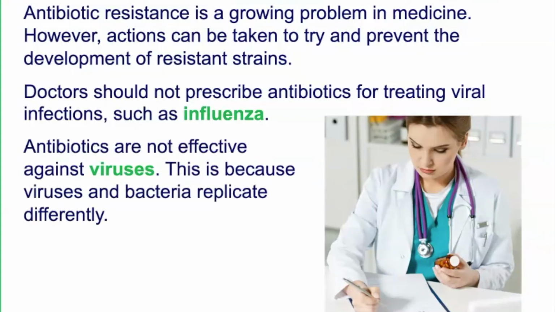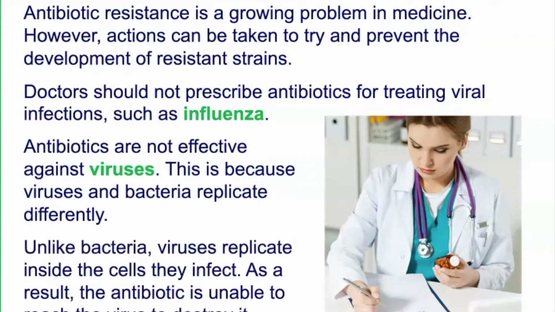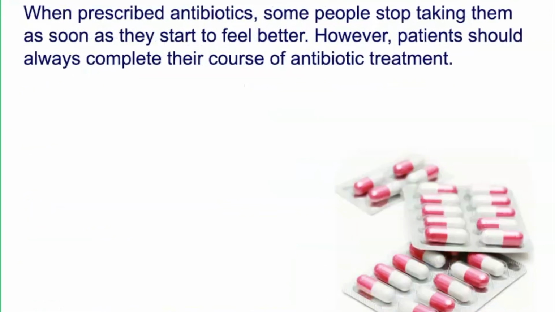Antibiotics are not effective against viruses. This is because viruses and bacteria replicate differently. Unlike bacteria, viruses replicate inside the cells that they infect. As a result, the antibiotic that is being used is unable to reach the virus to destroy it.